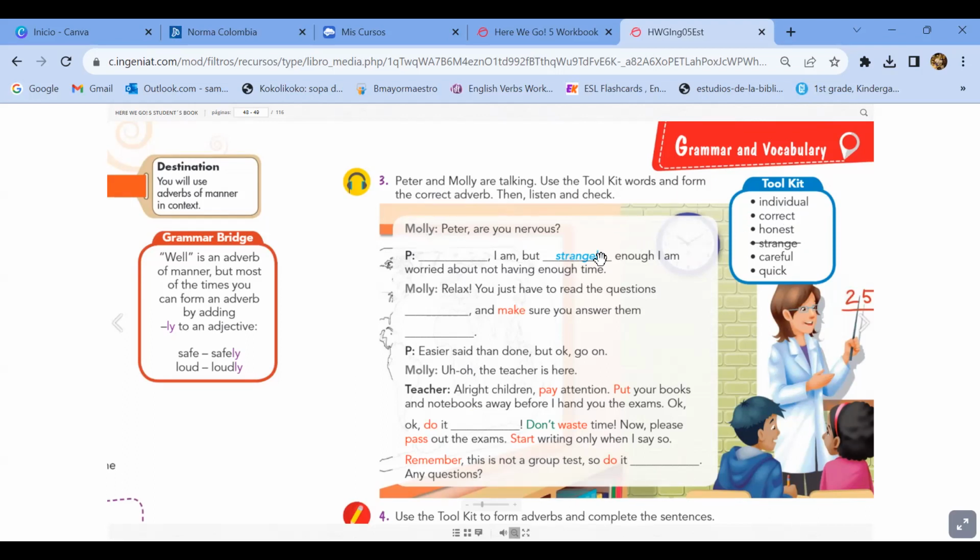For example, you are going to read strange, strangely, okay? You're going to read and change this adjective into adverbs, okay?